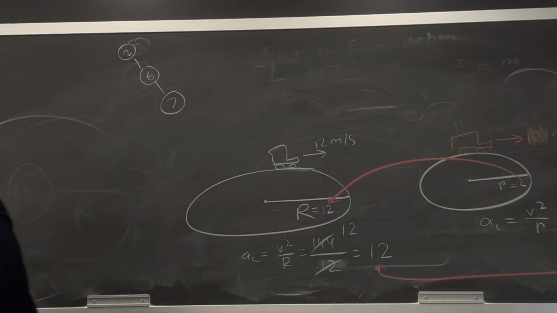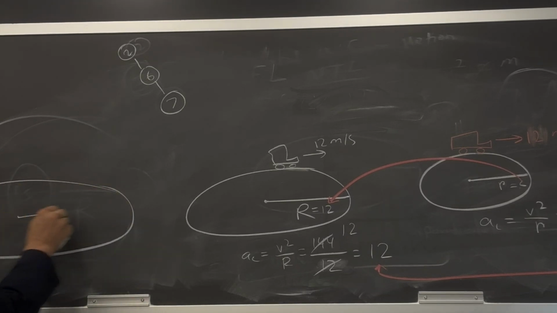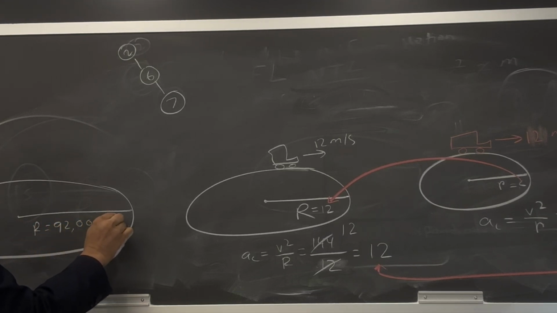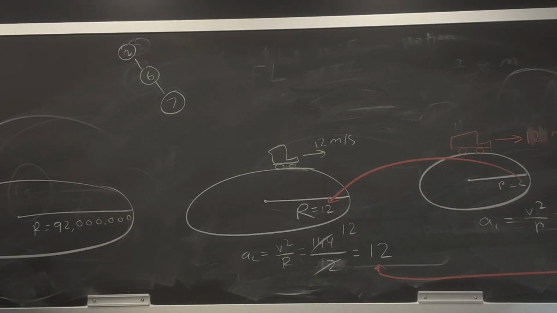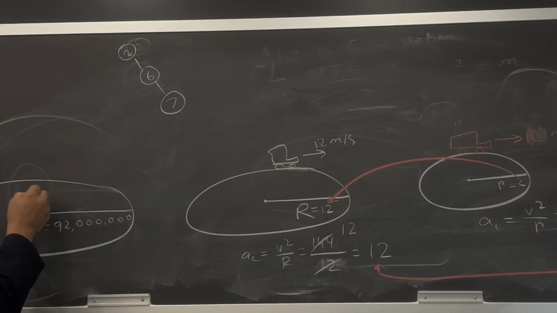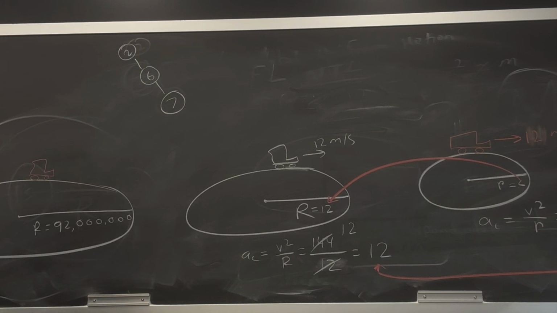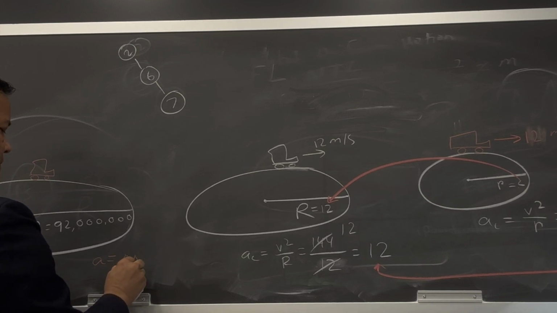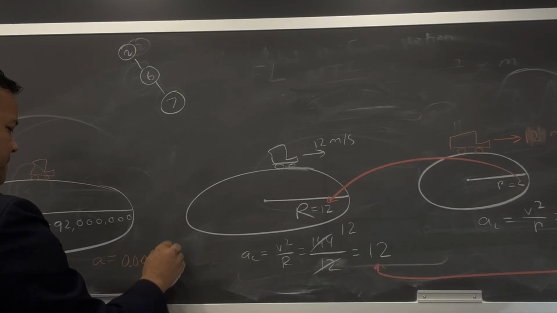Now, if you increase the radius to only God knows how much, say 92 million miles, the acceleration would be almost 0. 0.0006 meters per second squared.